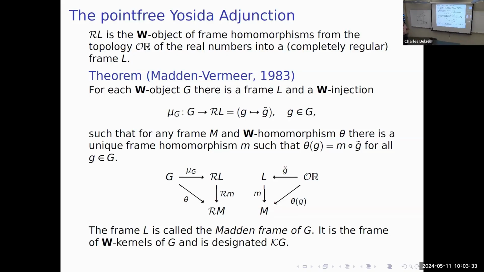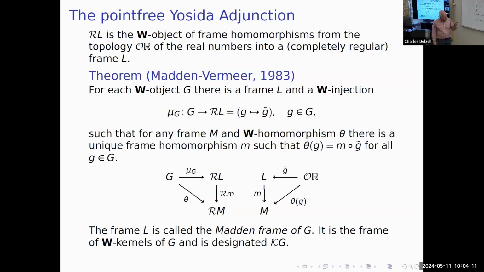So back to the classical version. This is, of course, the famous theorem of Madden and Vermeer from their seminal paper of 1983. In its full glory, it simply says that given a W object, one then has an arrow from the W object G into an R of L, which is universal among all such arrows, in the sense that given a test arrow from G into another R of M, there is an explanation in the form of a frame map, little m, which instantiates the test arrow theta simply by composition.